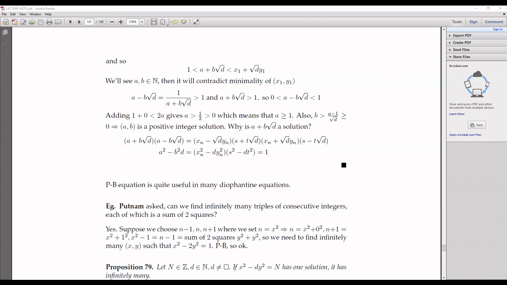Not really. This is greater than 1, so the reciprocal has to be less than 1. This is a typo. This should be less than 1.